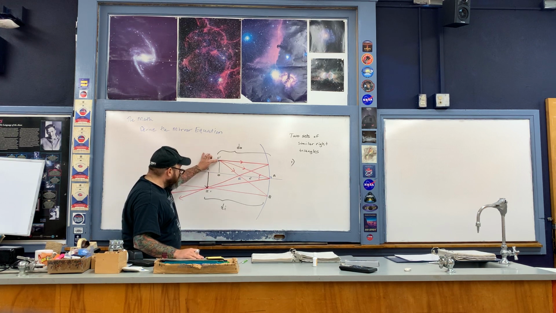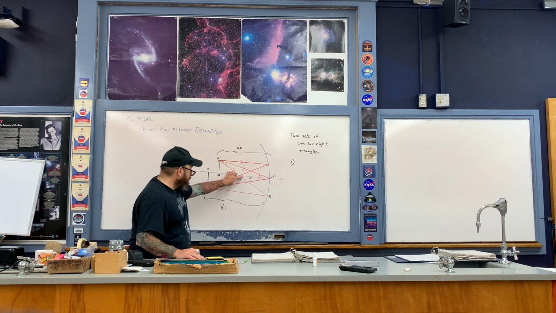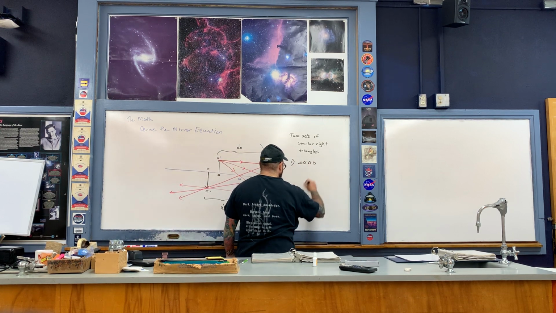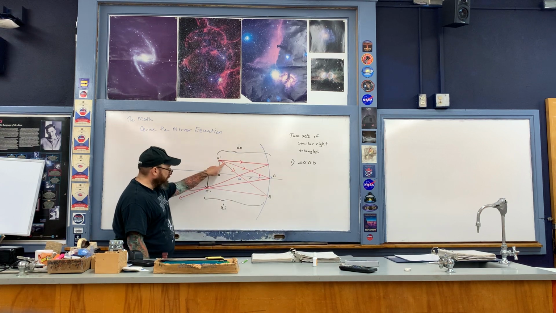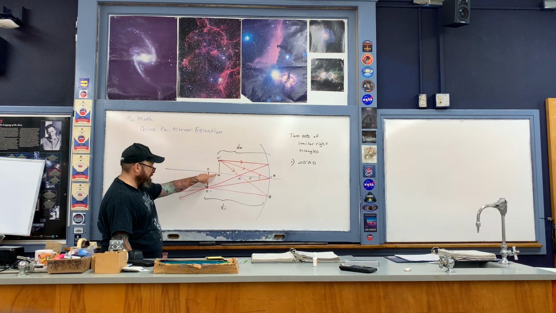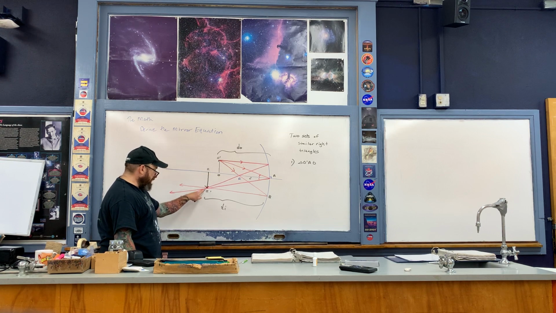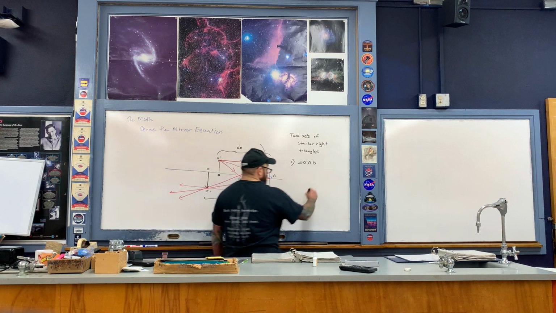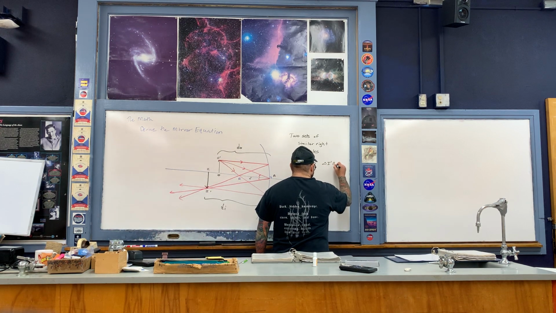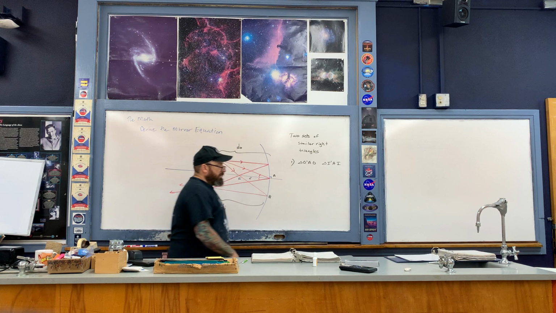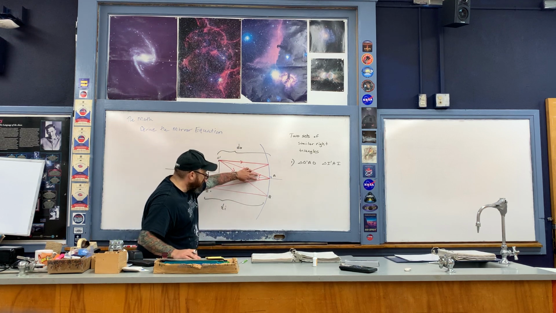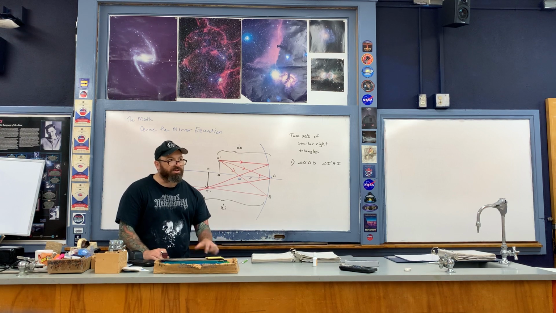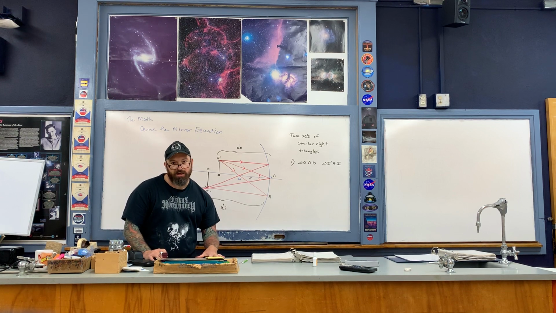Take a look at triangle O prime, A, O. And then take a look at triangle I prime, A, I. Notice that those are two right triangles and they have the same angle here, for example. Therefore, they're similar to each other. When they're similar to each other, they have the same ratio of sides.